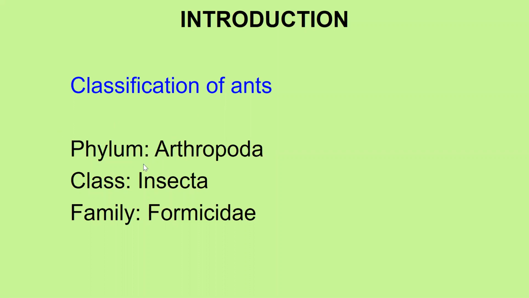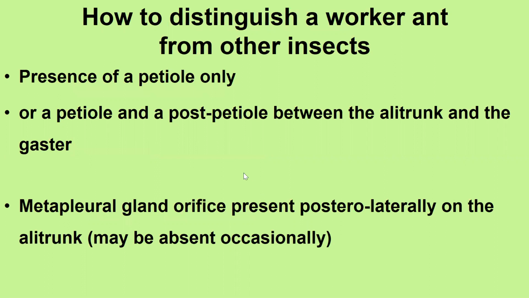If you have a zoology or biology background, you know that ants are classified under phylum Arthropoda, class Insecta, family Formicidae. Then I think this is also important: how to distinguish a worker ant from other insects.